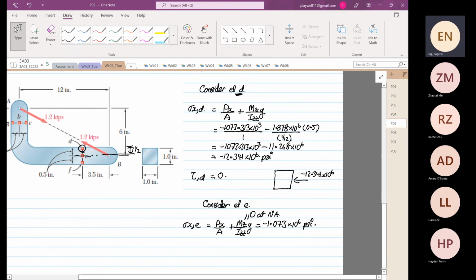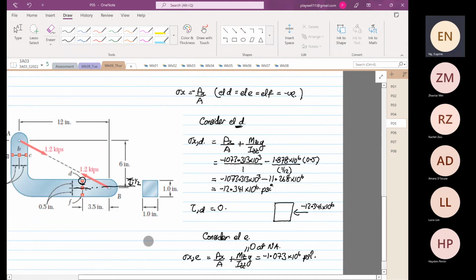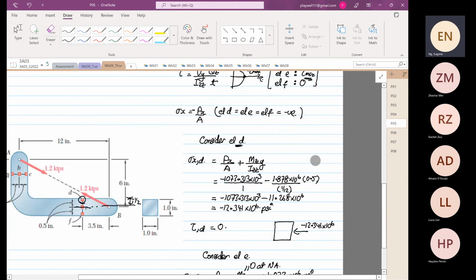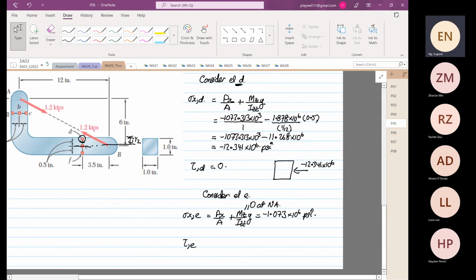However, next we have the shear stress at point E. We know that the shear stress at point E will be its maximum. So the formula to apply is V Q over I t.